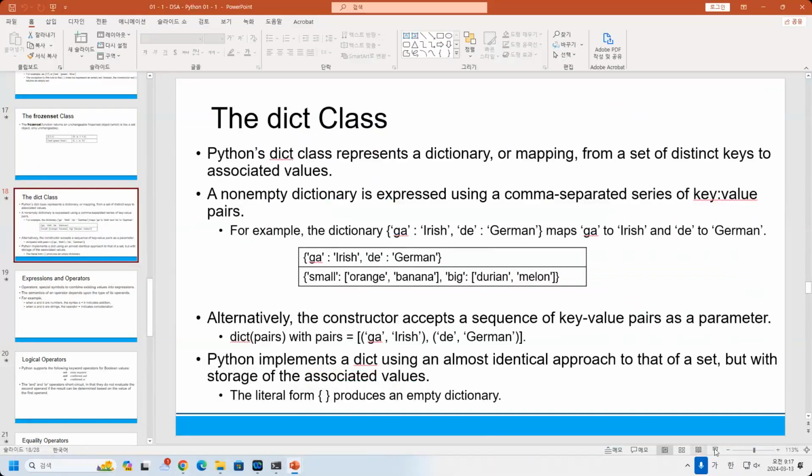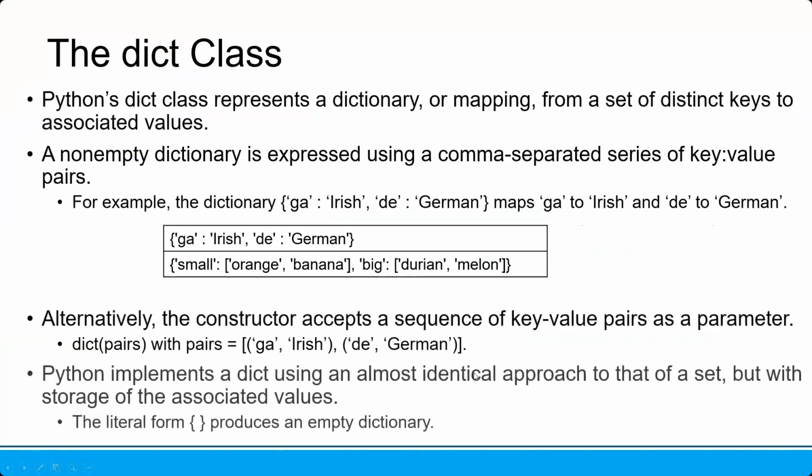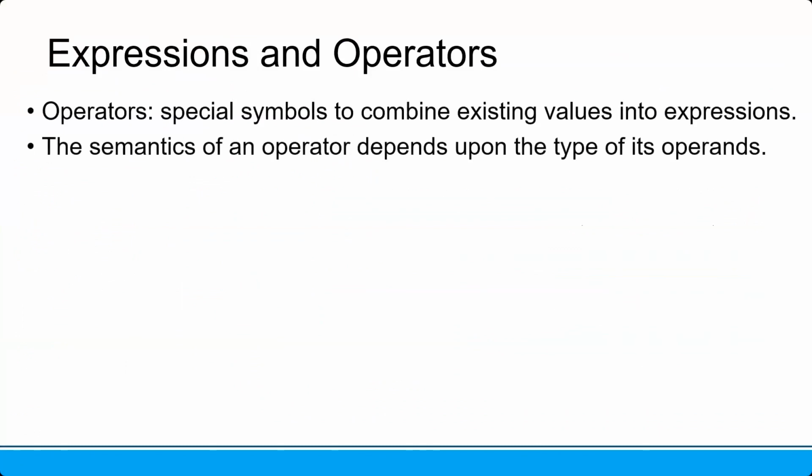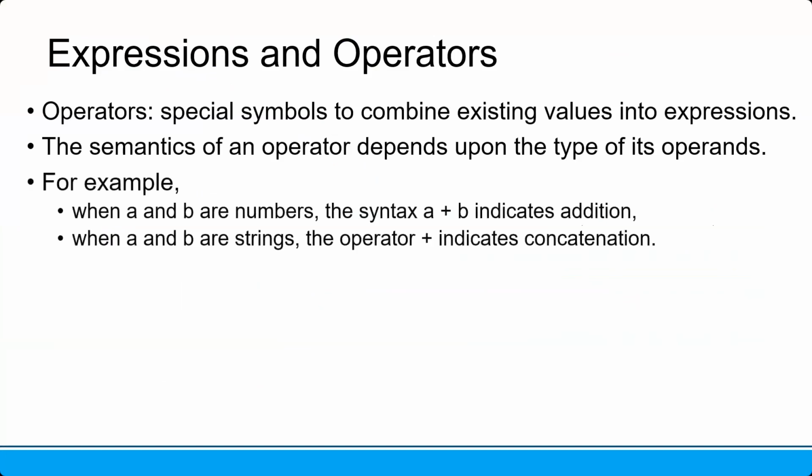Now, there are many operators and expressions in Python. Operators mean special symbols to combine existing values into expressions. The semantics of an operator depends upon the type of its operands. What does it mean? Let's say you have the plus symbol.